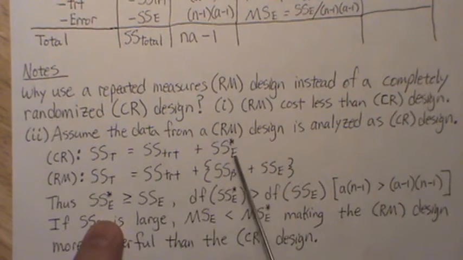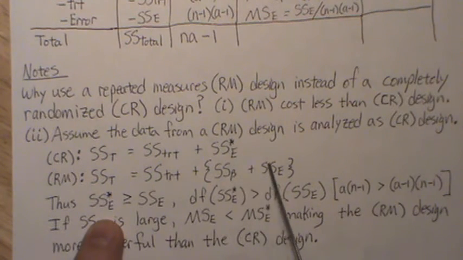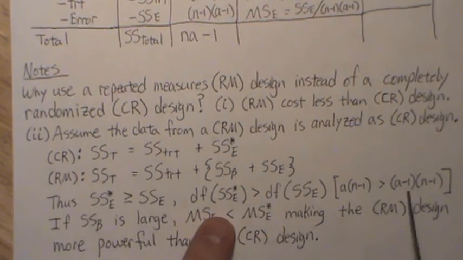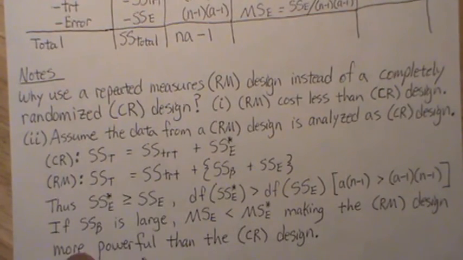Now notice that the error associated with the completely randomized design is always going to be greater than or equal to the error associated with this. Now the degrees of freedom associated with this one is a little bit bigger than this, right? Because here are the degrees of freedom associated with each of those.